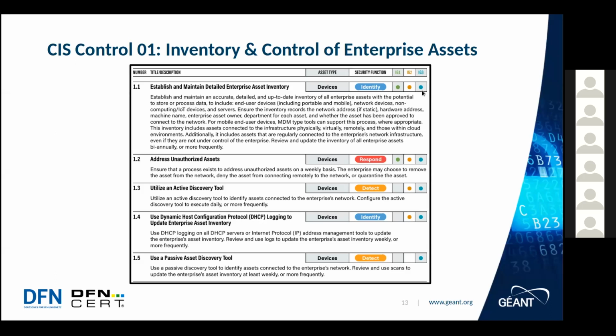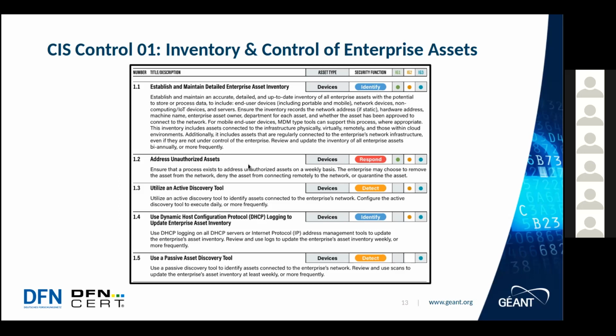And IG3 ultimately is an organization which has security experts. And you see, if you look further down, there are safeguards within the document which are only addressed by certain kinds of companies. For example, you have to ensure that a process exists to address unauthorized assets on a weekly basis. And things like that.